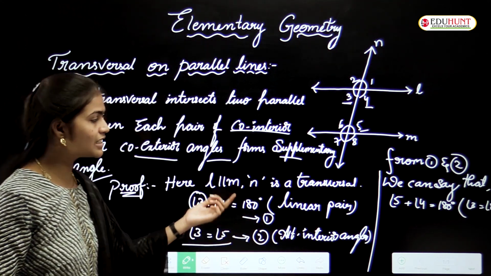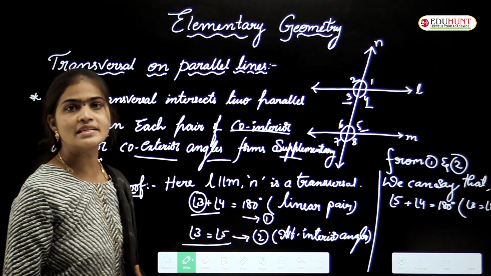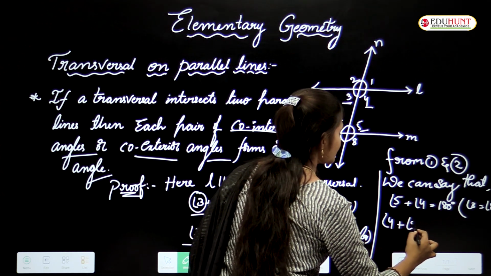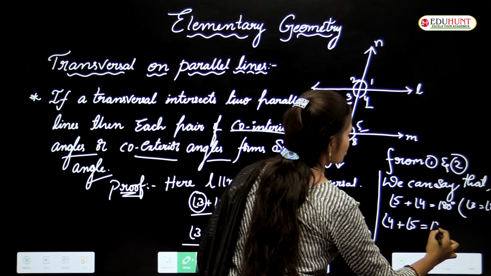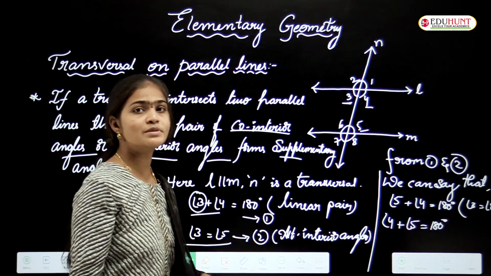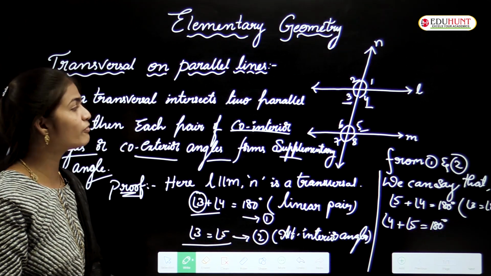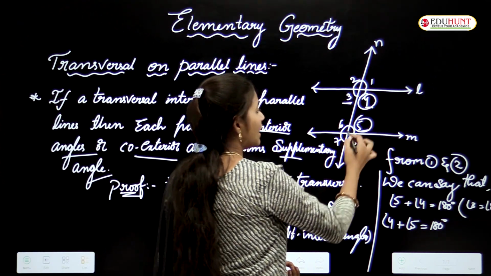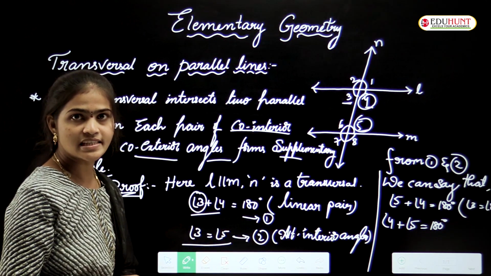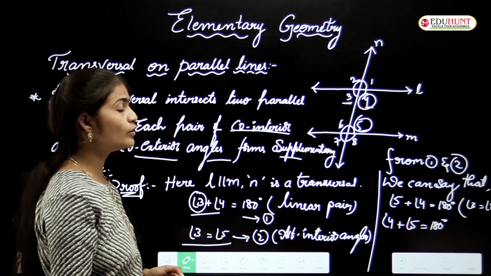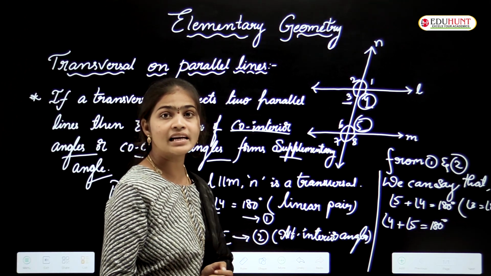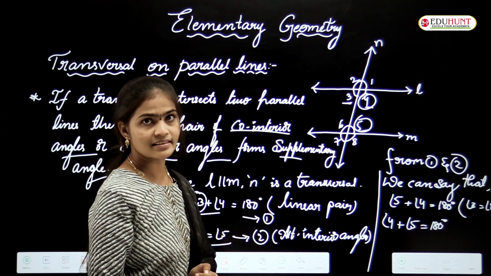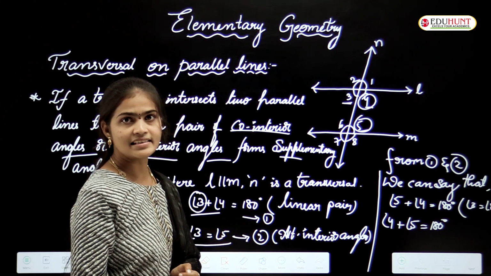By using that condition, written in proper manner, angle 4 plus angle 5 is equal to 180 degrees. Observe that angle 4 and angle 5 lie on the same side of the transversal, they are non-adjacent angles, and they are interior angles.